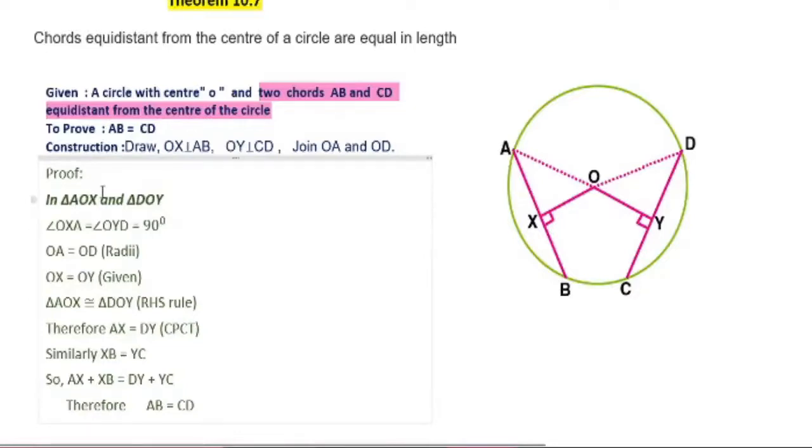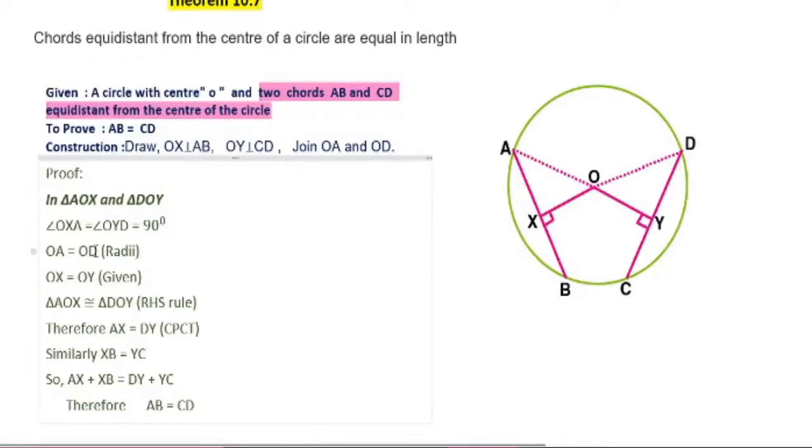In the proof, we consider triangle AOX and triangle DOY. In these two triangles, we have angle OXA equal to angle OYD equal to 90 degrees, because of construction: OX is perpendicular to AB and OY is perpendicular to CD.